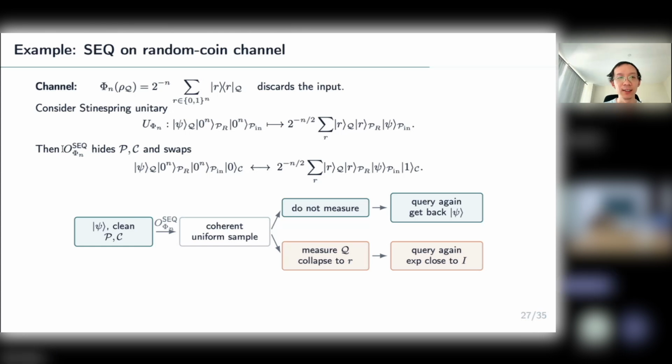Right, got it, thank you. That's why we want a self-adjoint unitary: because we cannot stop the adversary from uncomputing, we would like that to also leak as little information as possible.